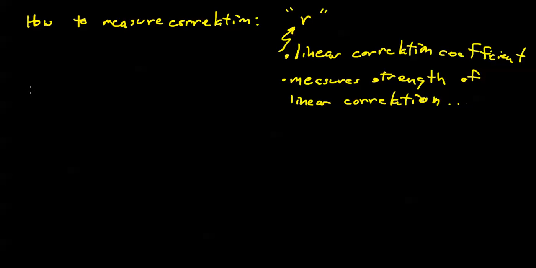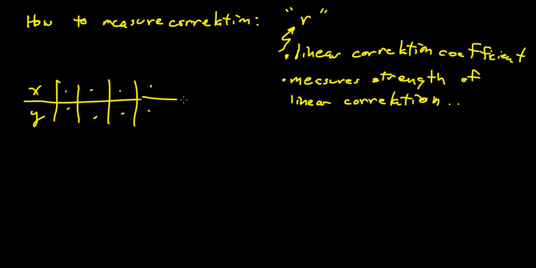Okay? All right, now there is a formula for r. If you're given two variables x and y with different pairwise values recorded in a sample type process, r can be computed according to this formula.